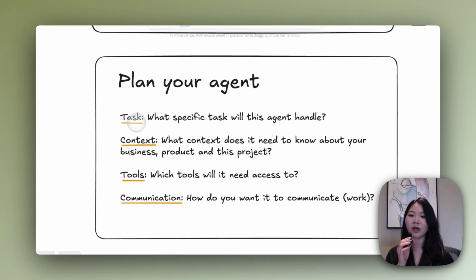Context means what kind of context this agent needs to know about your business, your product, or this project specifically. Tools is about what kind of tools this agent will have access to, like MCP servers, web browsers, or file systems. And last but not least is communication. How do you want your agent to communicate or work with you? This defines its tone, role, and character.